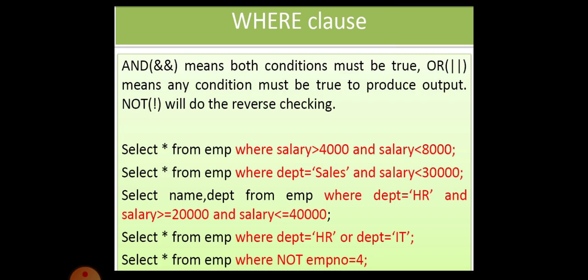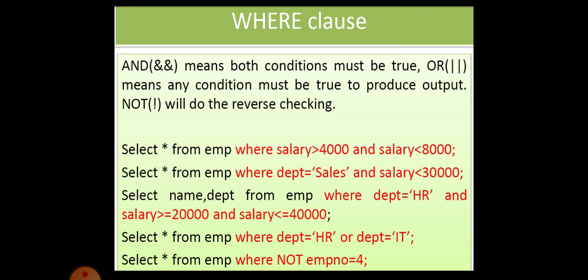Then where not EMPNO, that is, EMPNO must not be the value 4. So the compiler will omit the employee who has 4 as his identification number. The rest will be taken. It omits the record of employee number 4.